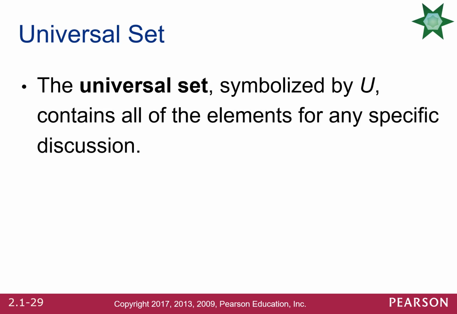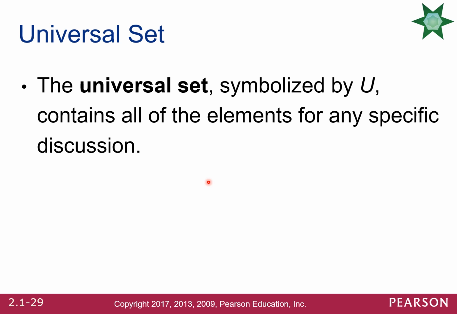Now, one last type of set that we must know about is called the universal set. The universal set, symbolized by U, contains all of the elements for any specific discussion. So it represents all the elements from which the elements of a set can be obtained.